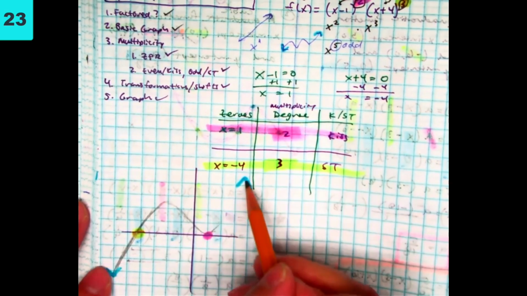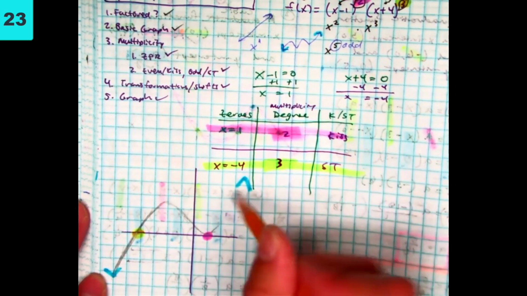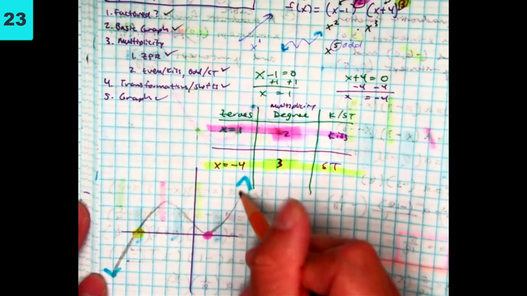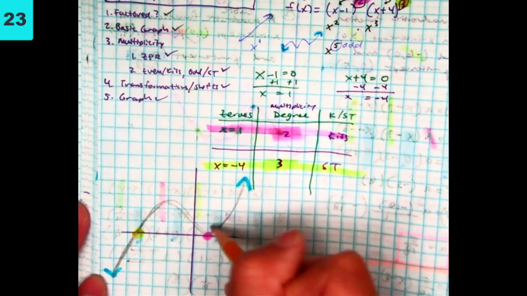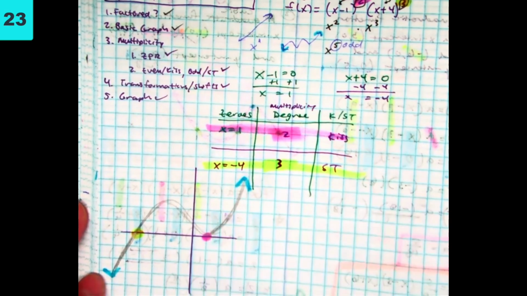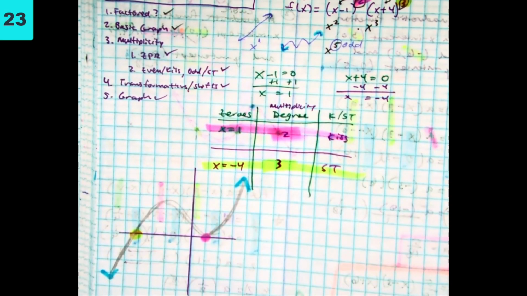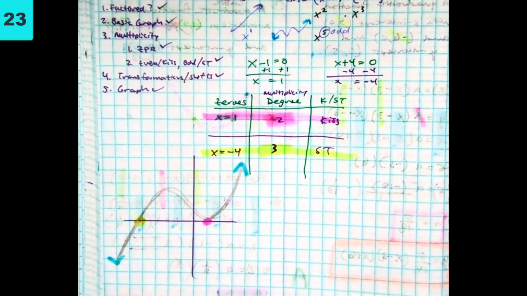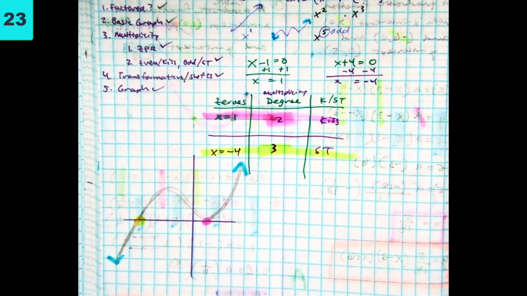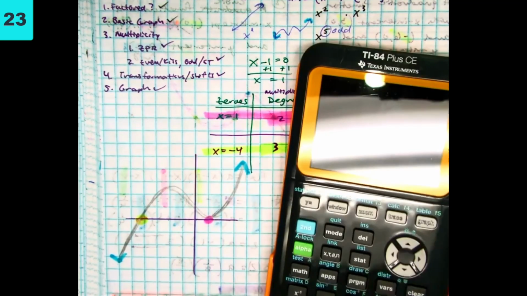And then I'm going to finish by going up. Basically what we did here is we sketched a polynomial without using our graphing calculators. That's the goal. So we can actually verify it on our calculators.